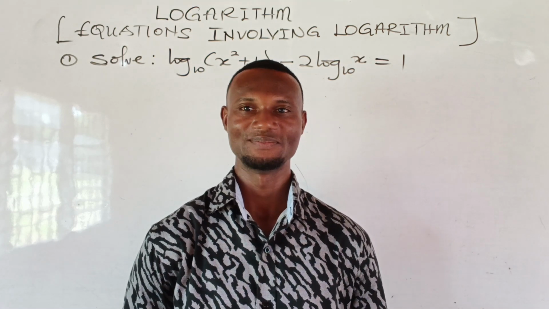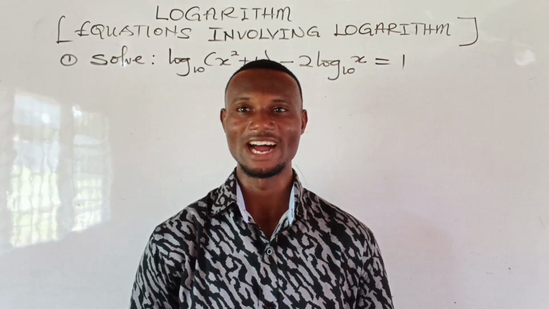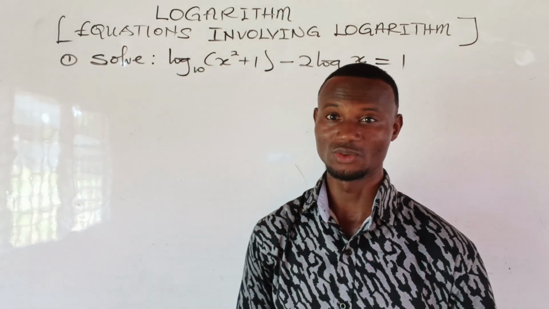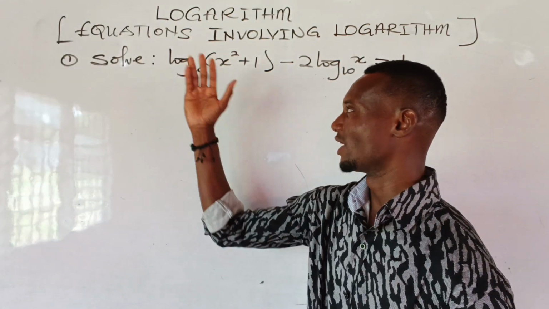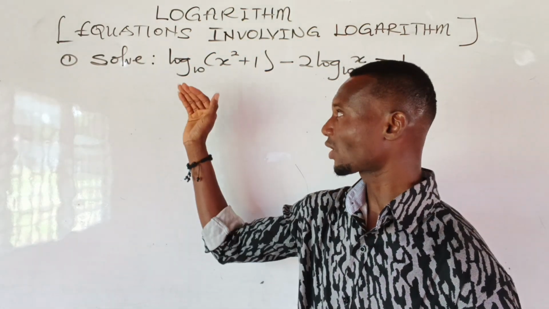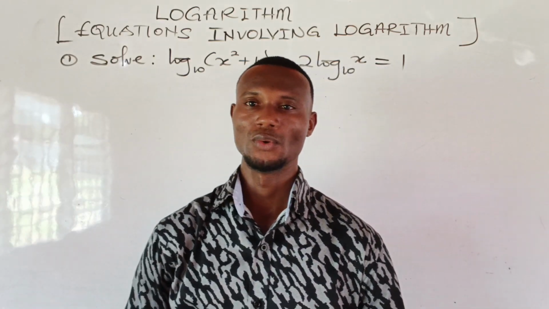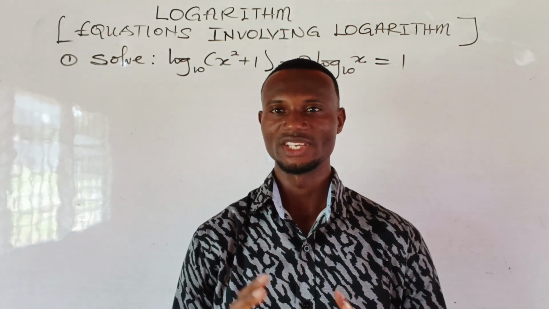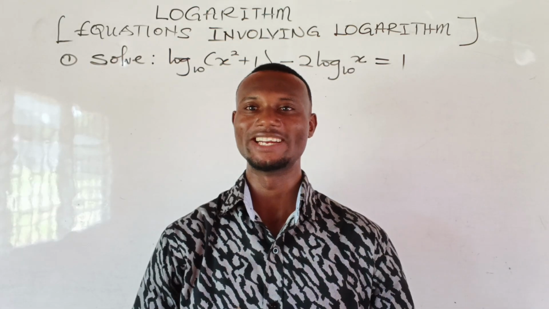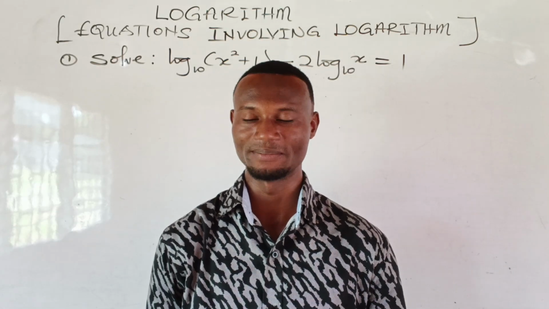So let's go ahead and take a look at the question that I have on the board. I have one example on the board that I want to solve with you, and it's on the equations involving logarithm. Before we come to the question, when we speak of equations involving logarithm, it simply means that we have an equation that contains logarithm.